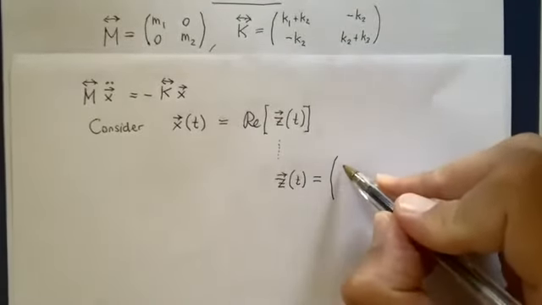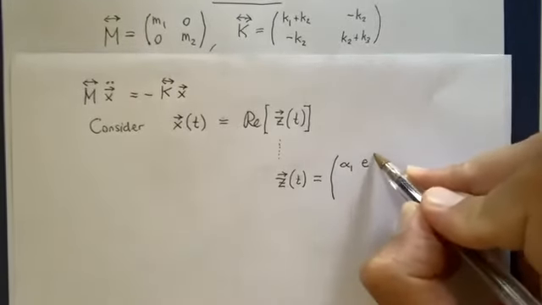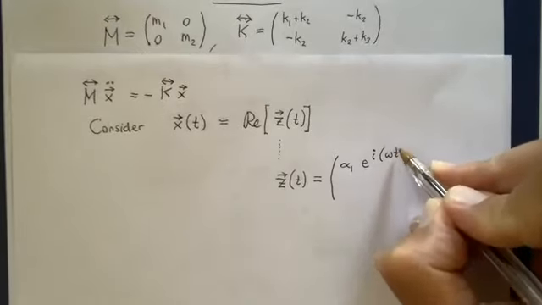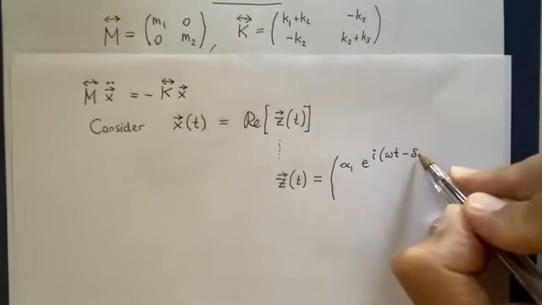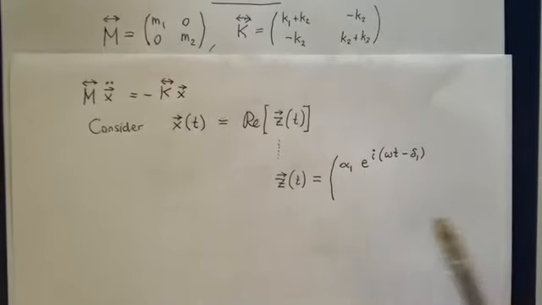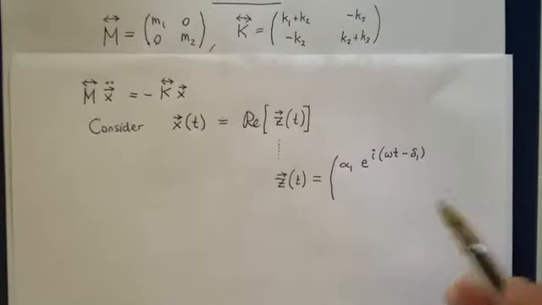There's some amplitude here, alpha 1. And then we have an e to the i. The crucial thing is we'll have two different phase shifts, but they're going to share the same omega. This is what it means to be an eigenmode. You have the same omega.